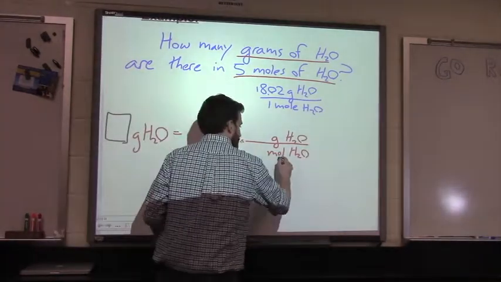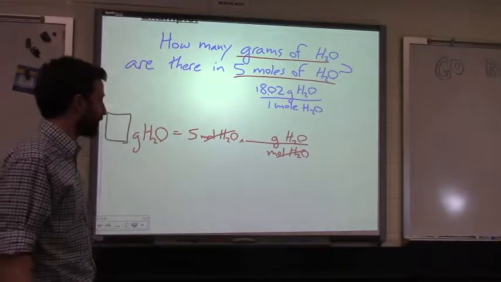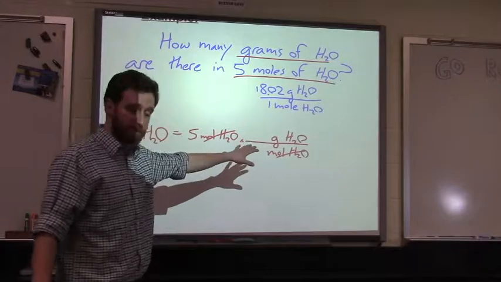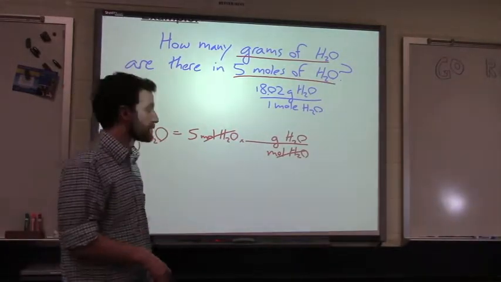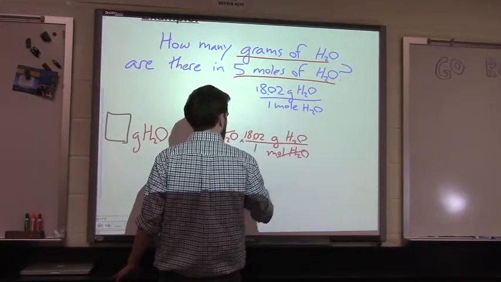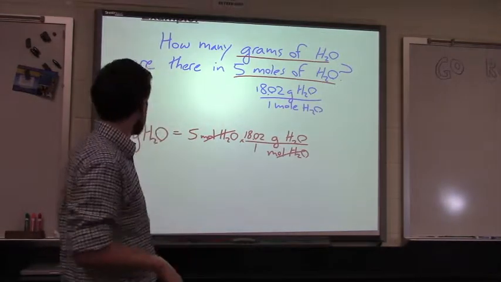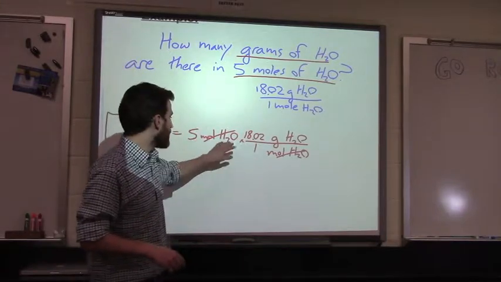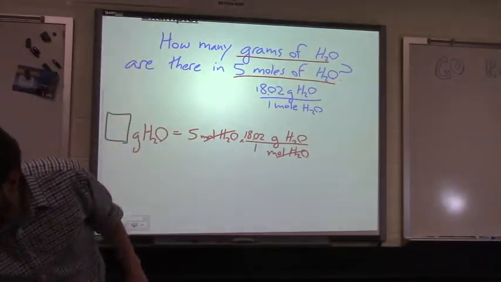My given is canceled away and I'm left in grams. So then once my units are written in the right spots, I can just fill in the numbers. And I know that there's 18.02 grams per 1 mole of H2O. Lastly, I've just got to do the calculations. 5 times 18.02.